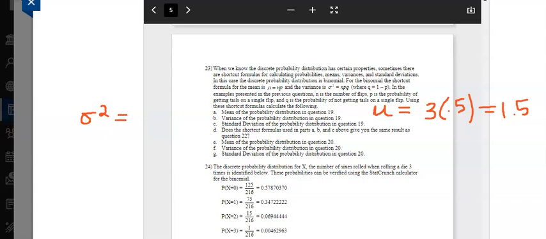So n was 3, p was 0.5, and then 1 minus p was also 0.5. And I will put that into the calculator. It's really going to be 1.5 times 0.5, and that ends up being 0.75.